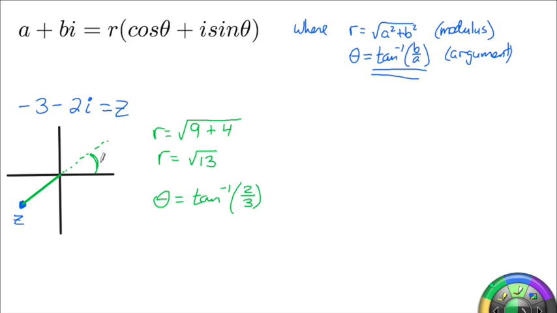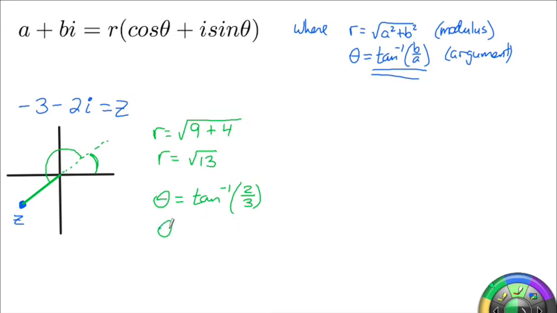So there's two ways of dealing with this. I can leave the angle alone as 33.69, but then I have to change the modulus so that it is negative. Some people like doing that. I'm not one of them, but you can. The other option is, when you're dealing with tan inverse, to get to the other angle, all you have to do is add 180 degrees to it. So if I add 180 degrees to this, I get 213.7.